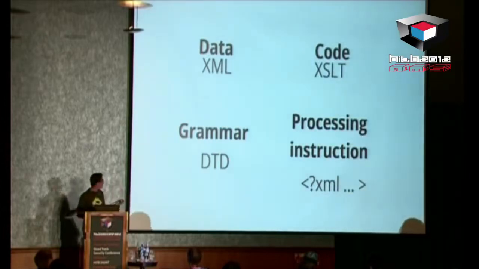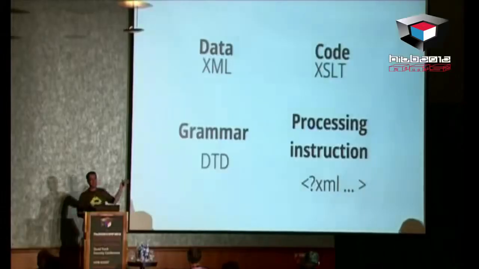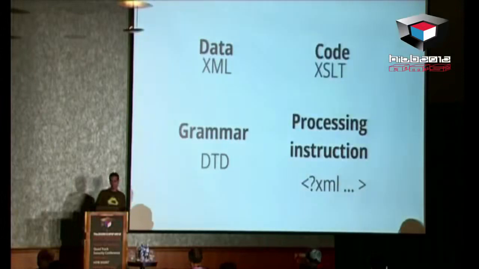You can find some grammar in the document type definition and processing instructions, which will instruct the parser to trigger a specific XSLT code, for example, in order to apply it to an XML document. The main point is we need to be careful that we can have much more than data when processing an XML document.